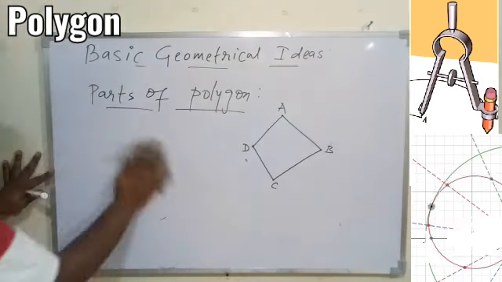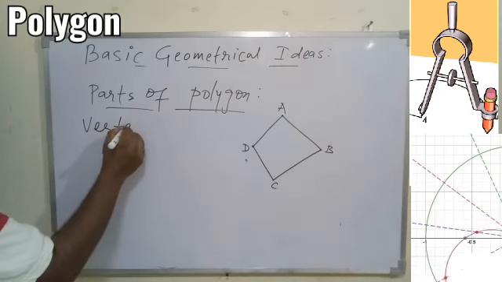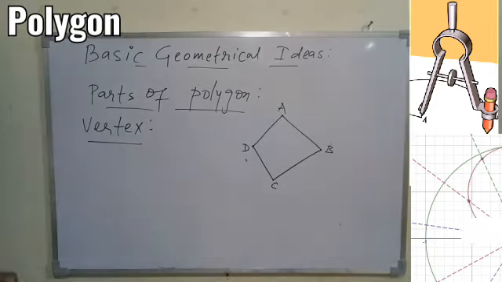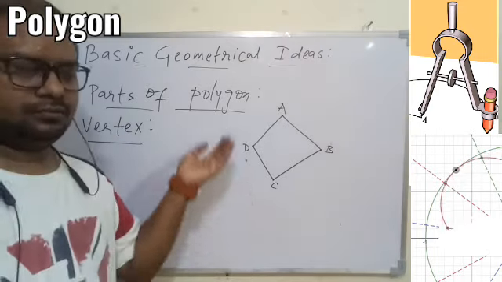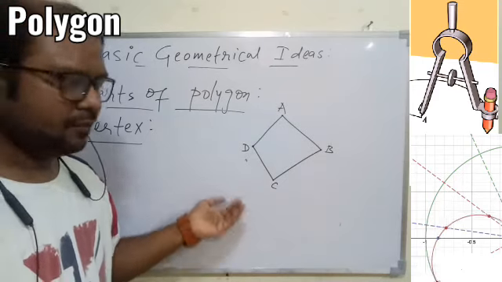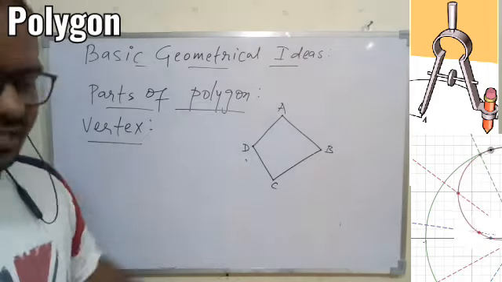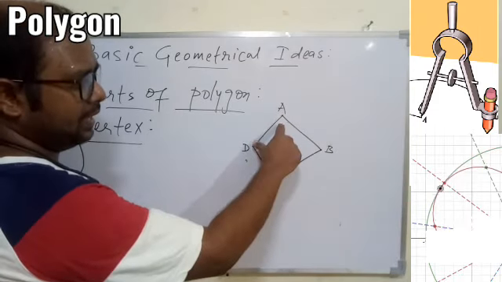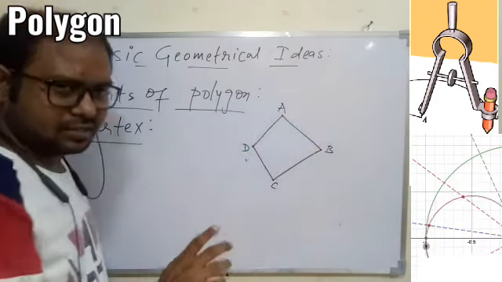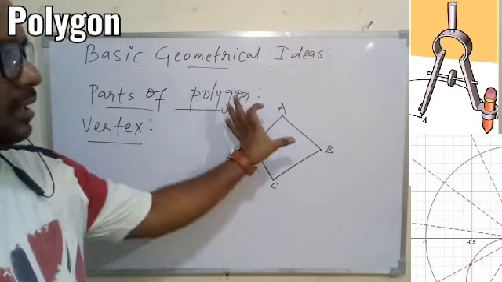Then next we have the number 2 part of this polygon, that is called vertex. The points which are visible here, the points given as A, B, C and D, are points which are connecting 2 different sides. You can see at A, AD and AB are connected. So we can say A is a common point of AD and AB.